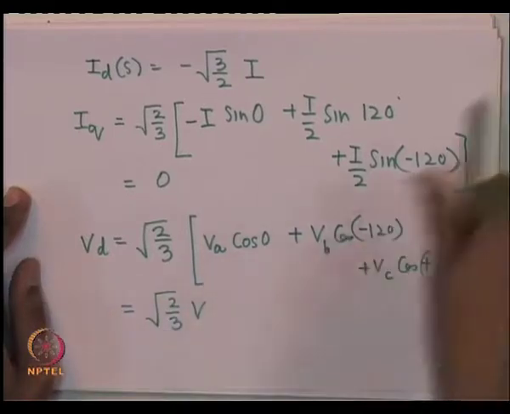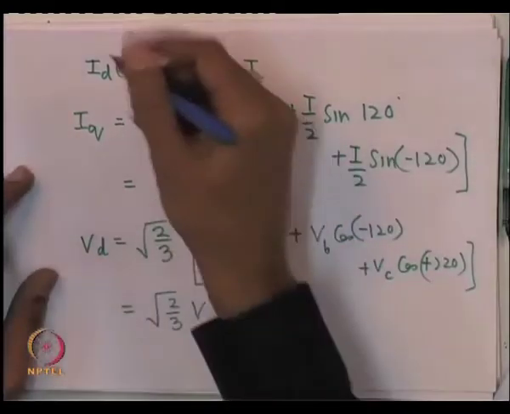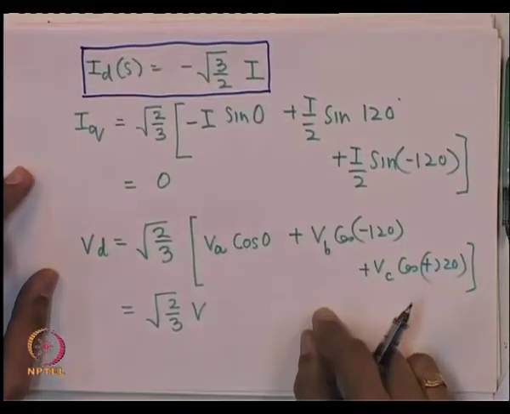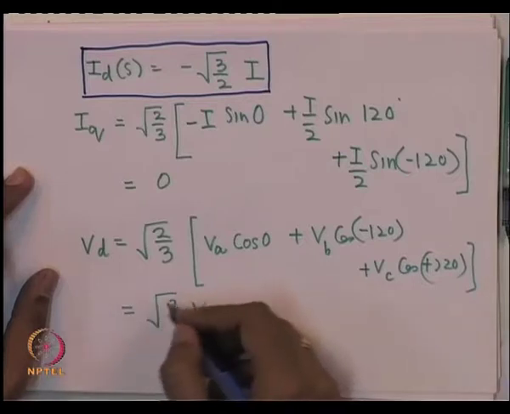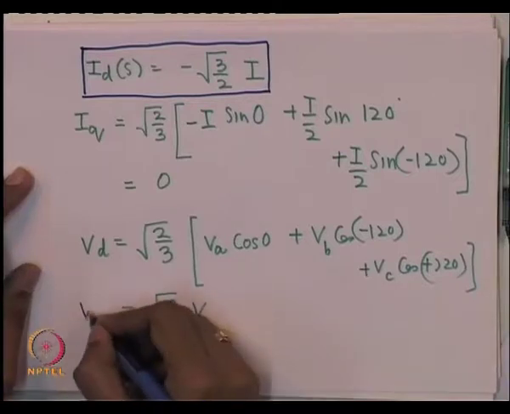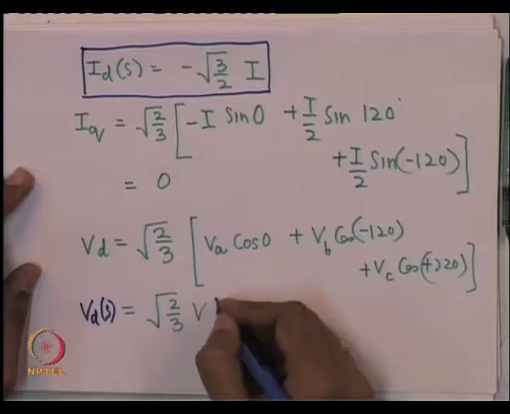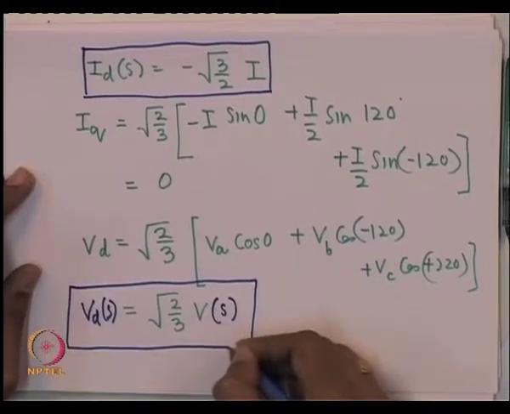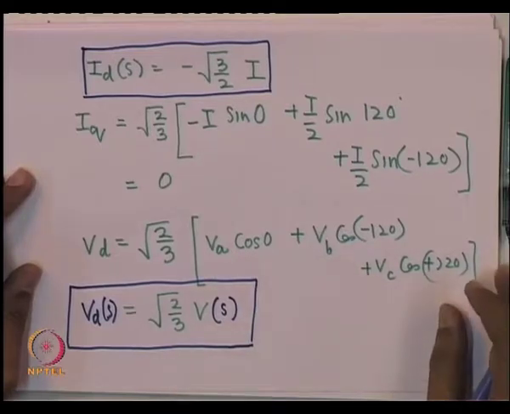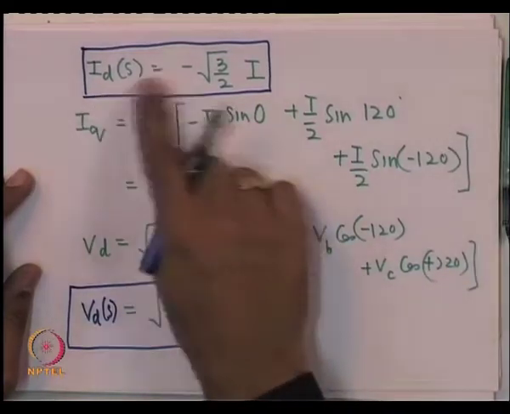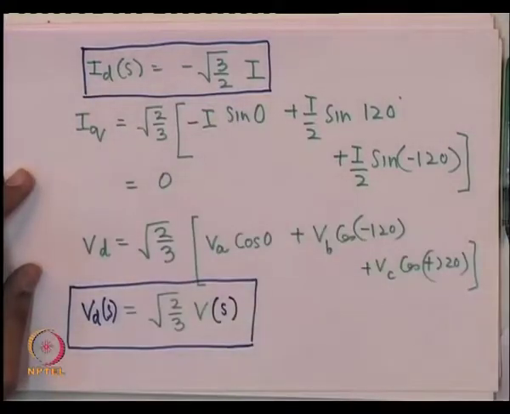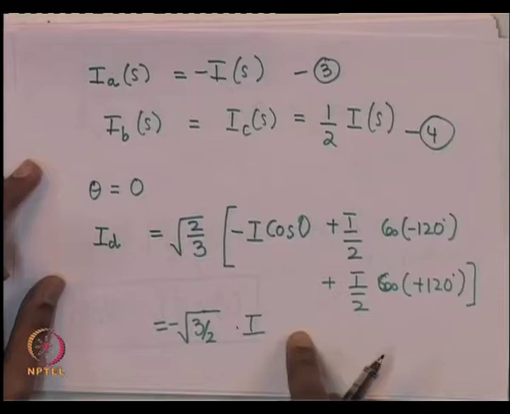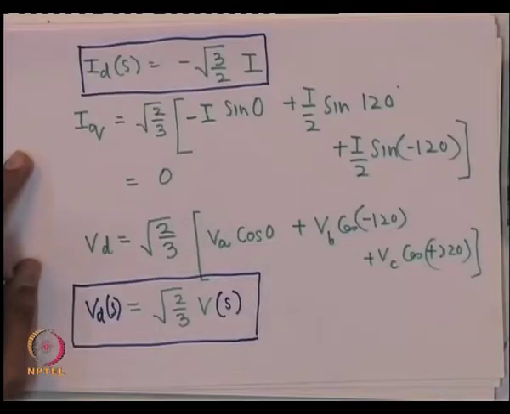So, what we have is this, and V d of s, where s is a Laplace variable, is this. If we apply Laplace transforms here on the basic time dependent quantities, we will have this.